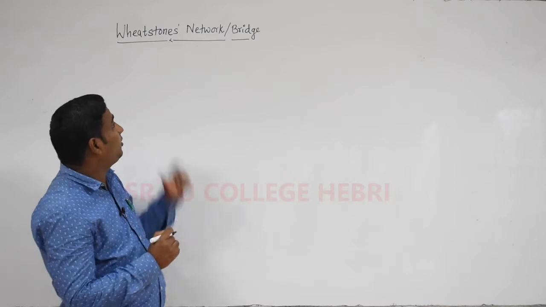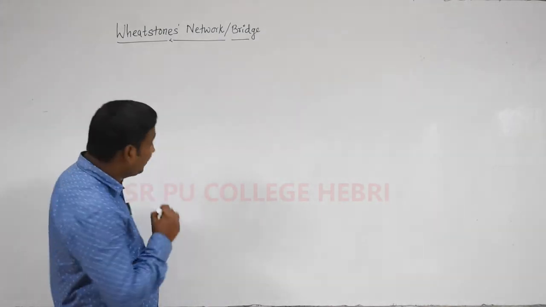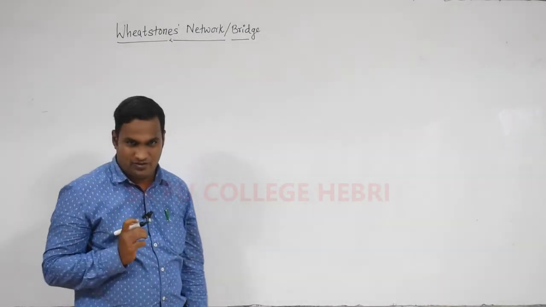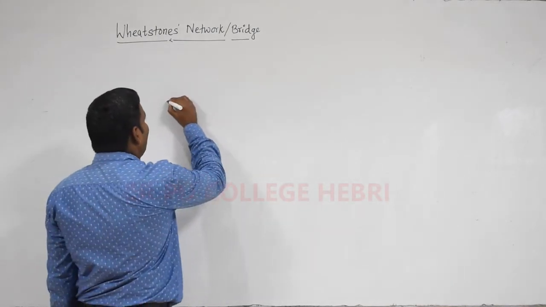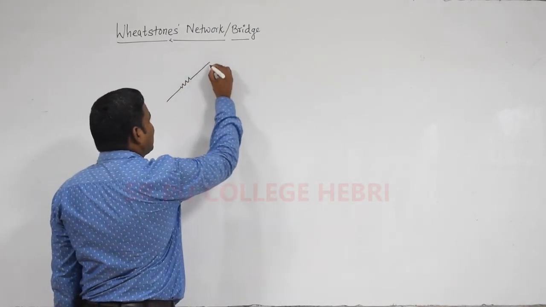Dear student, a Wheatstone bridge or network contains 4 resistors. All 4 resistors are connected in a cyclic order like this.